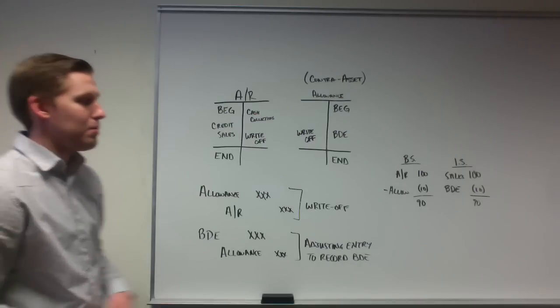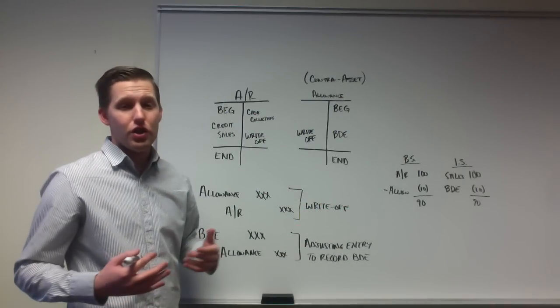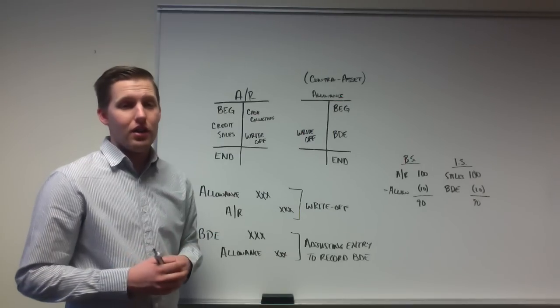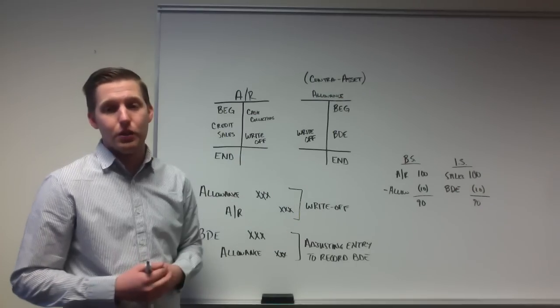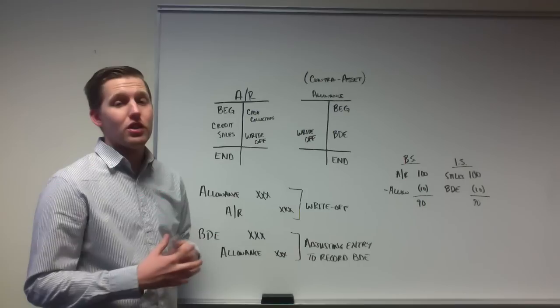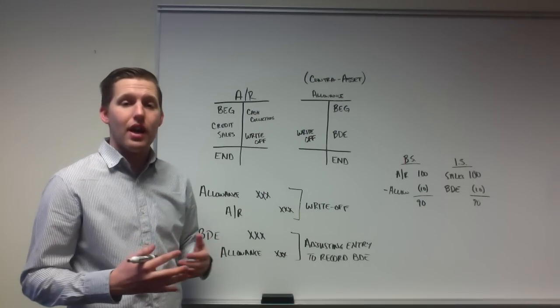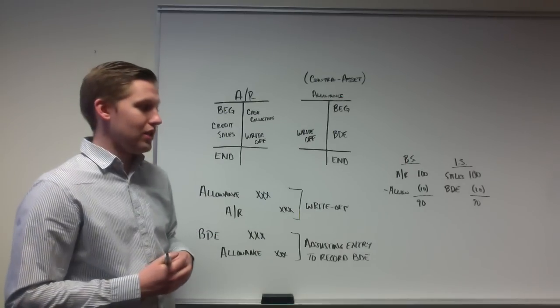But we have to remember that this number is a guess. We don't know for sure who's not going to pay. If we did know who wasn't going to pay us, we would have never made the sale in the first place. So we are just making our best estimate to try to be as accurate as we can and provide useful information to the users of the financial statements.